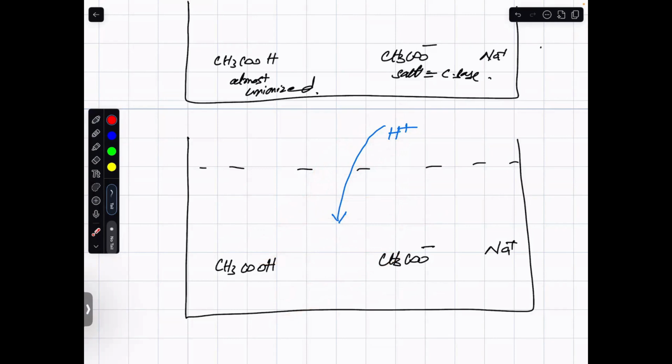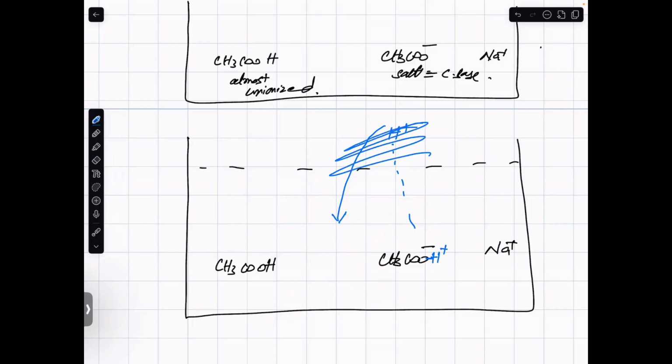No. Why? Because this conjugate base will attract it toward itself and it will make a covalent bond with it. It's no more part of the solution. The pH will not change. And the equation would be this way.